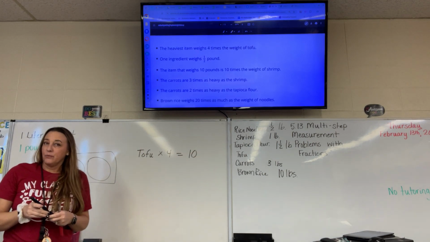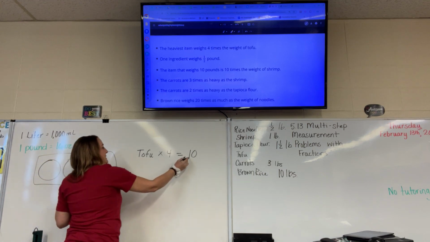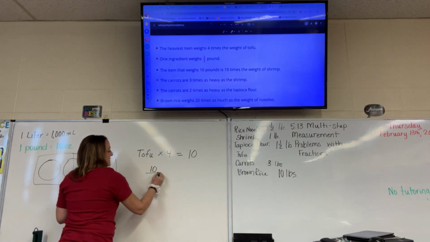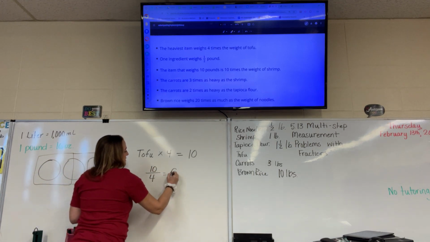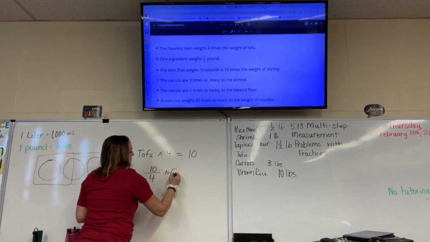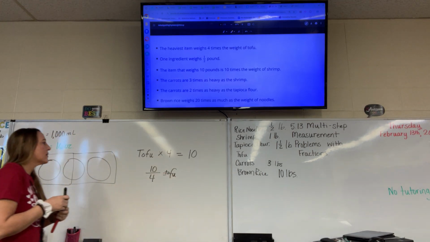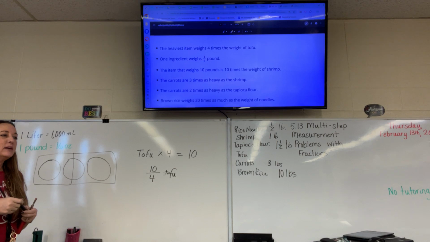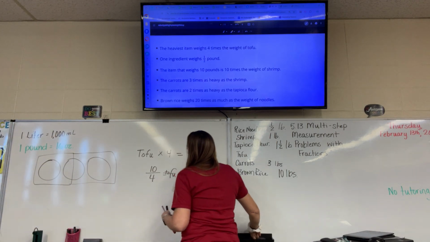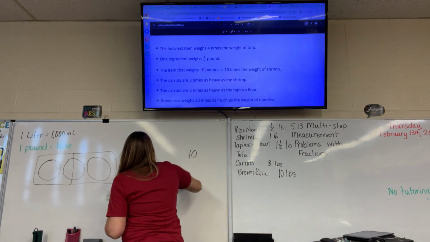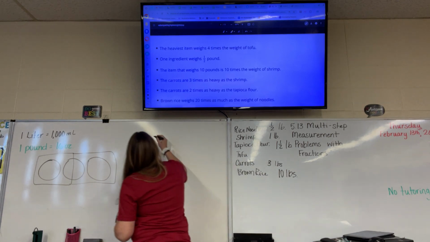So we have to work backwards again. We're doing 10 divided by 4 gives us the tofu. If we have 10 divided by 4, it doesn't go in evenly, does it? No. So 10/4 of a pound.